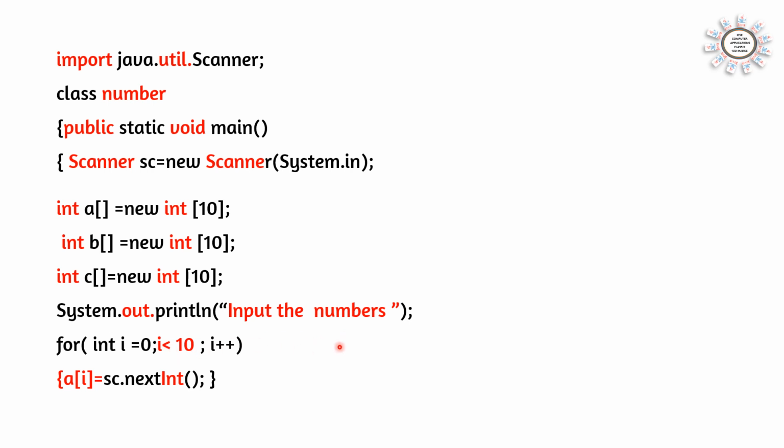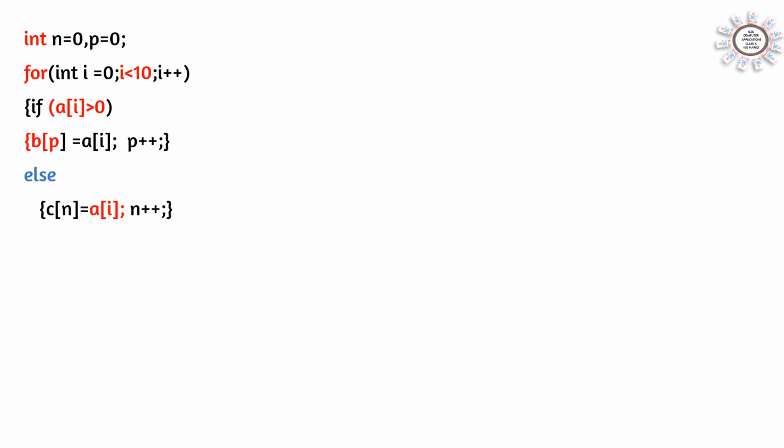System.out.println input the numbers, and start the loop. i = 0, i < 10, i++, A[i] is equal to sc.nextInt(). So now the next step is to find the positive numbers and store them in array B, and find the negative numbers and store them in array C.